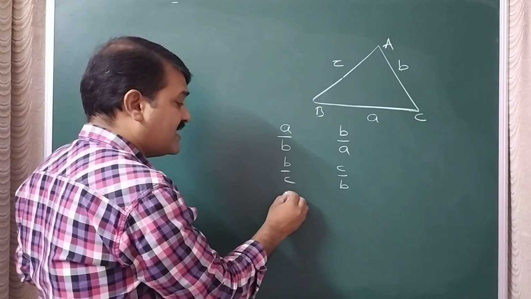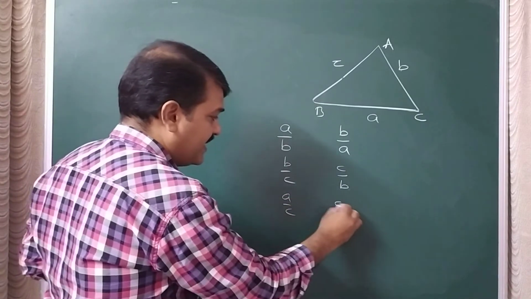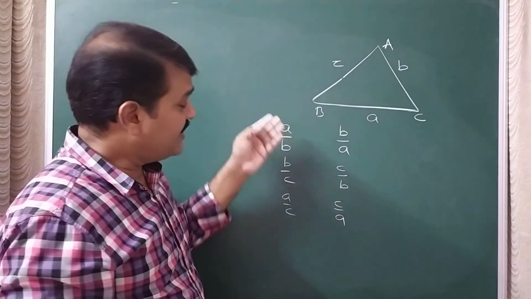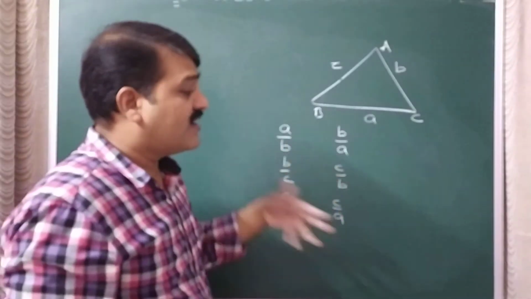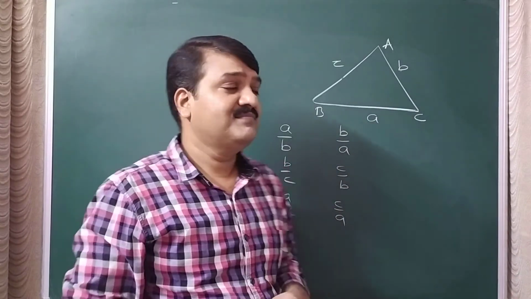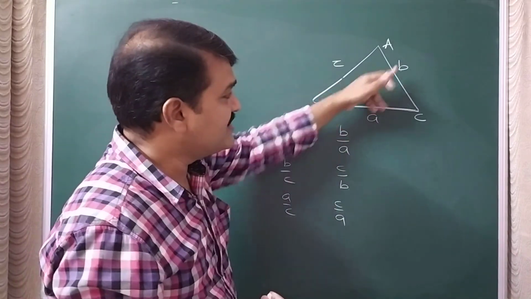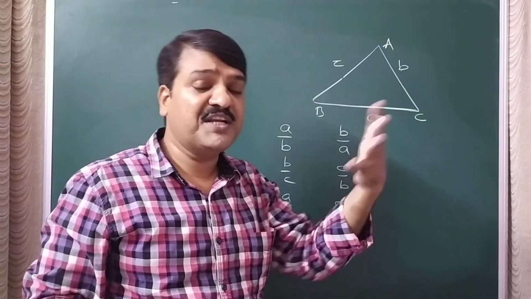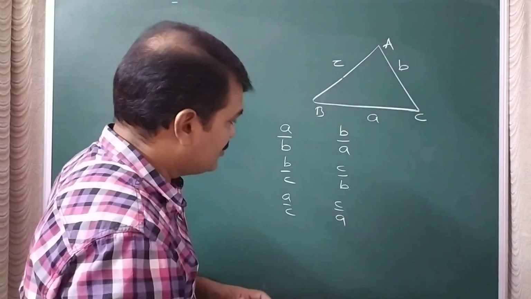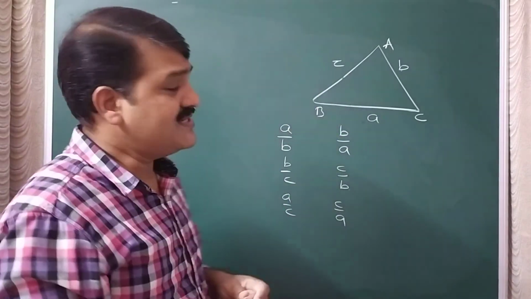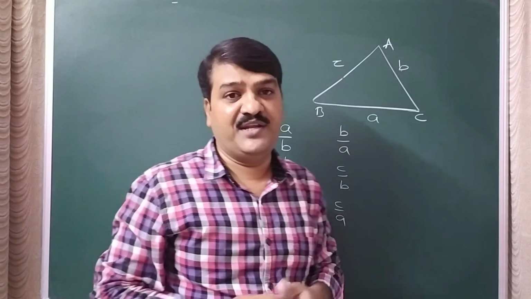You can take a by c, c by a. How many ratios are possible here? 6. These 6 ratios represent 6 different trigonometric ratios. That's all. The ratios of sides of triangle are nothing but 6 different trigonometric ratios. So what ratio is taken as what? We will discuss in detail in the next video.